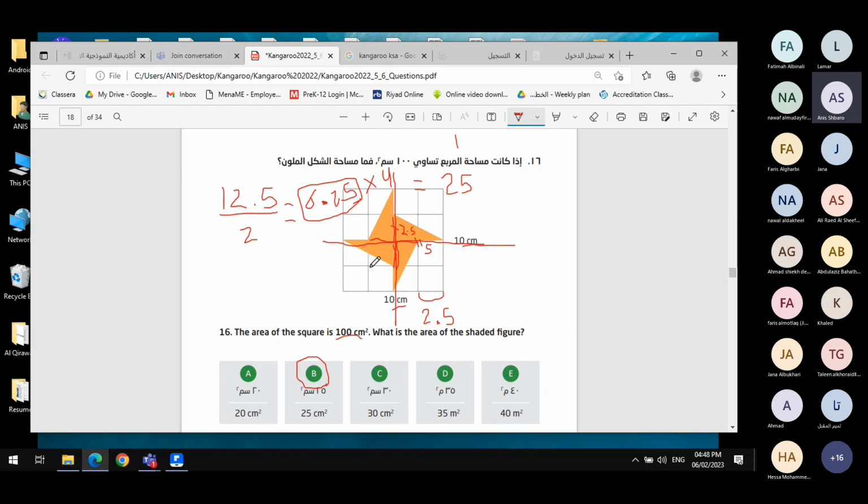And our only given is that the total square is 10 centimeter, 10 centimeter. So directly I used that fact, because dividing our shape and using the squares will help us. We can measure each unit alone. If we didn't, we will be confused.